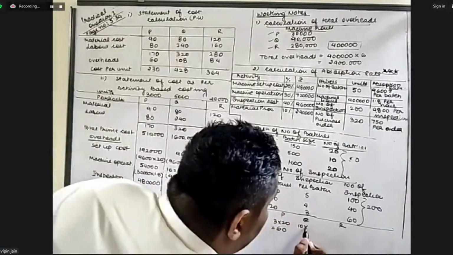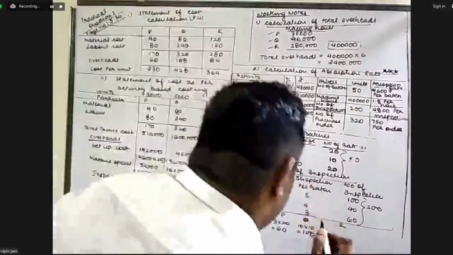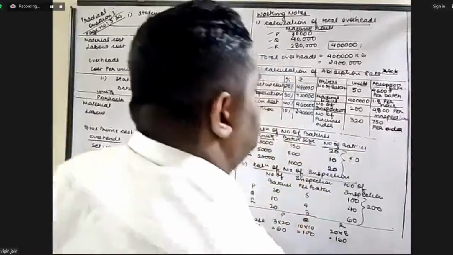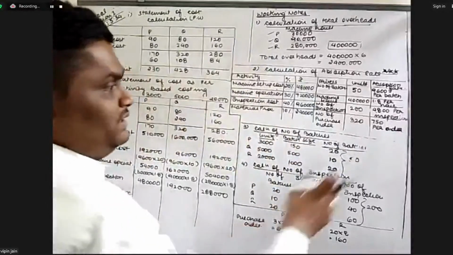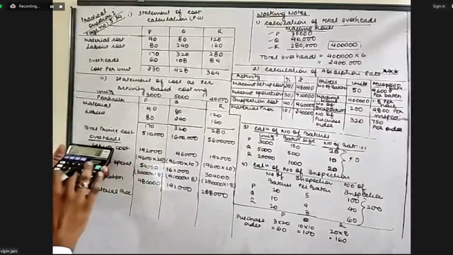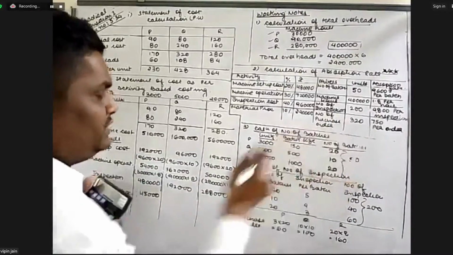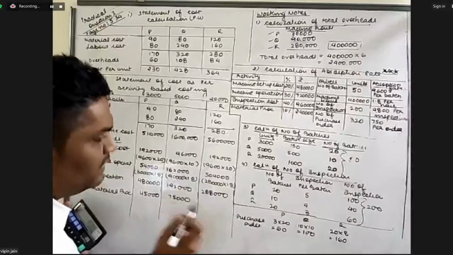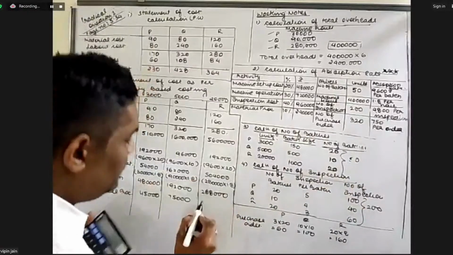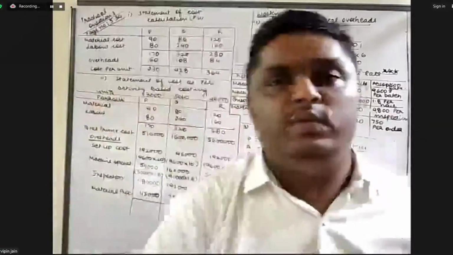Ten into 10, that is 100. And 20 into 8. So now 60 into 750. So this will be 45,000. 100 into 750. So this will be 75,000. And 160 into 750. This will be 1,20,000. So this is how the material procurement cost will be distributed.